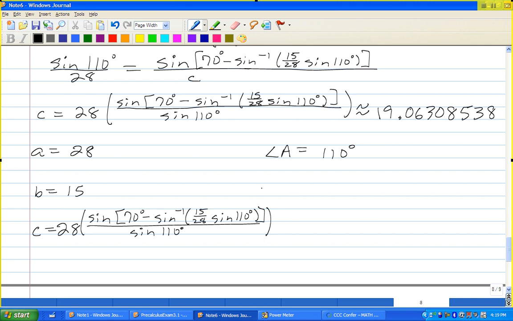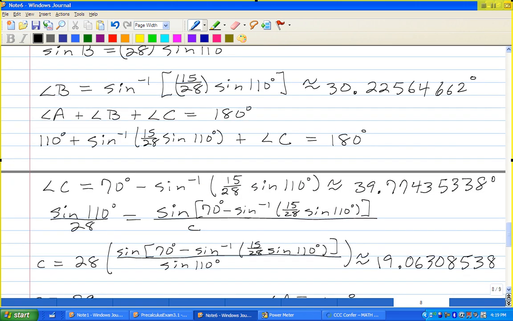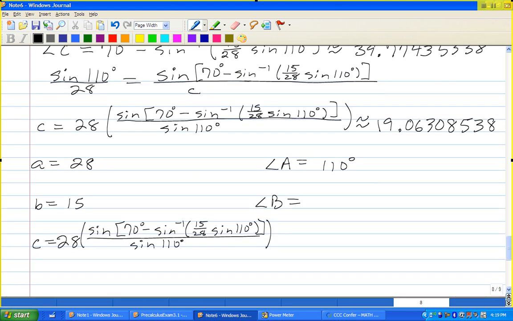Angle B is the sine inverse of (15/28) sine of 110 degrees.